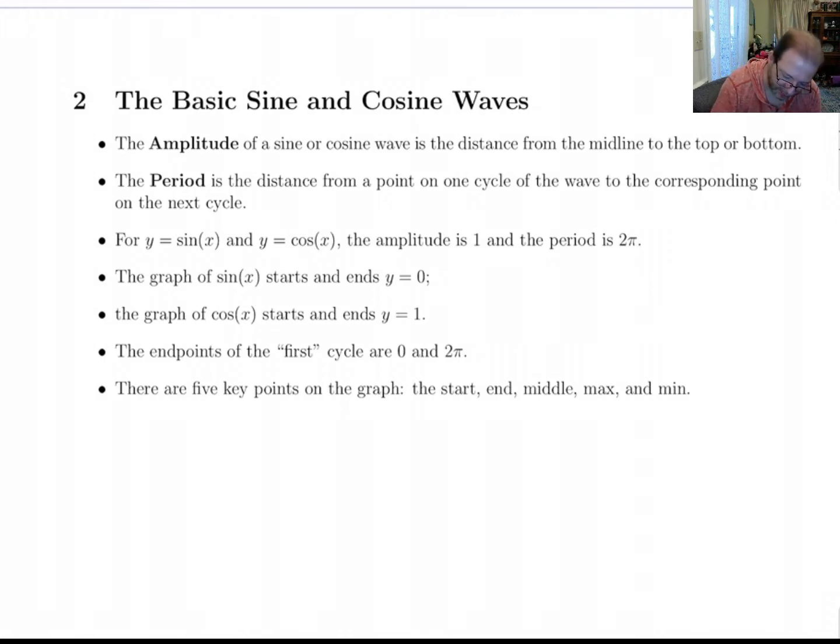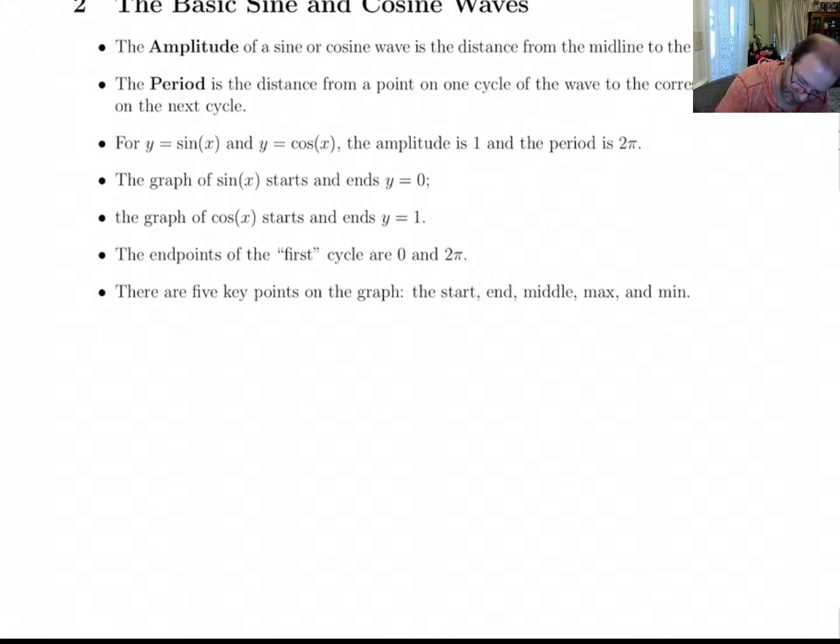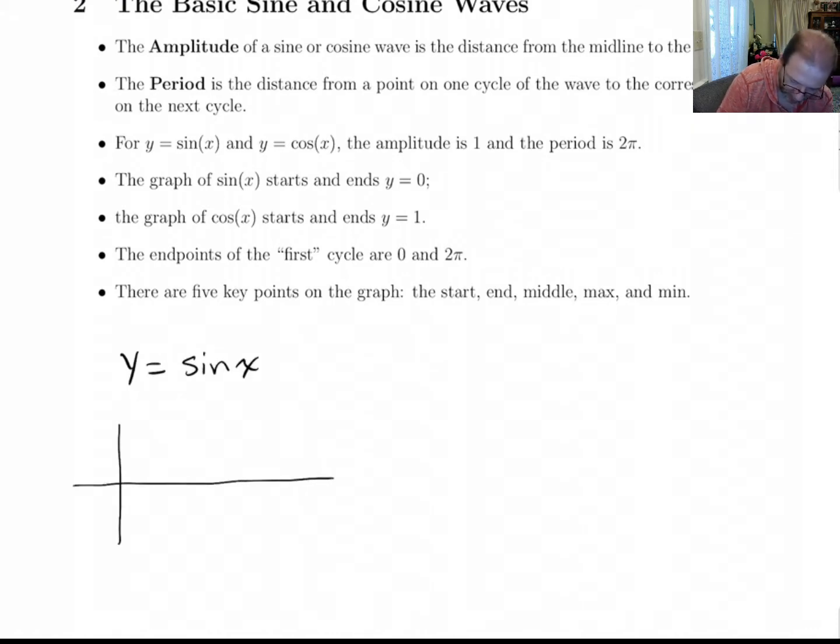All right, the sine wave. I'm going to draw these down here, and then we'll come back and talk about the bullet points I've got. Y equals sine x looks like this. I'm just going to draw one period. This is 2 pi over here, and see, this is 1 and this is -1.